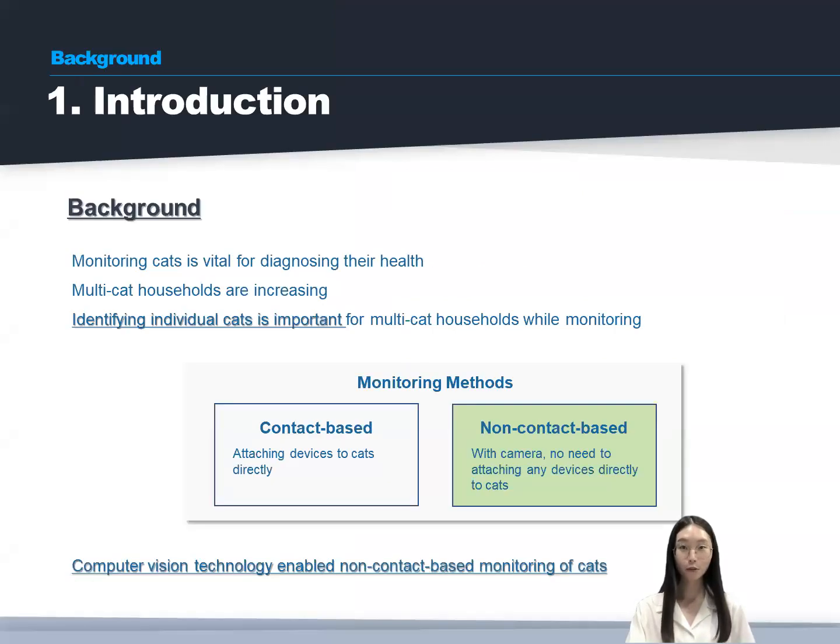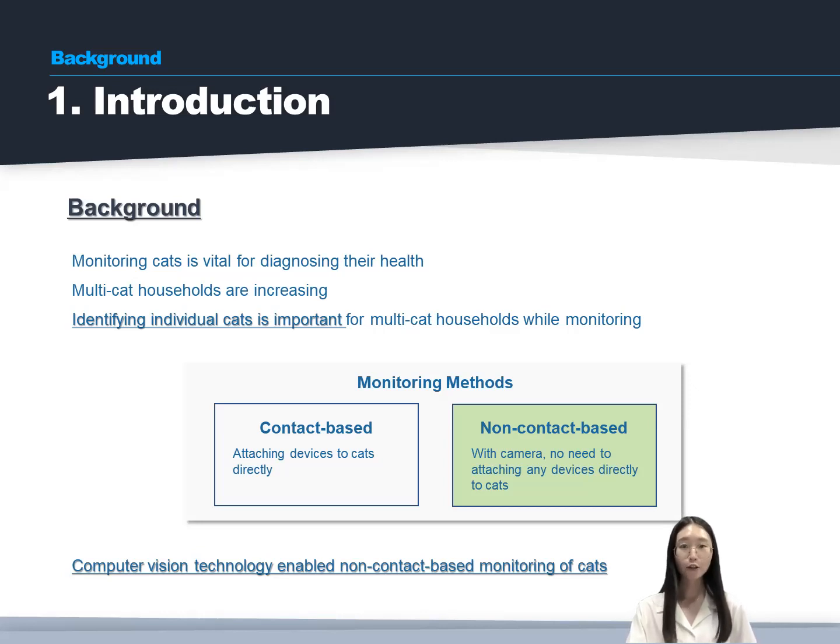As more and more households are keeping pet cats, the number of multi-cat households is increasing. Consequently, to manage the health status of individual pet cats, cat identification research is being conducted to individually monitor the cats. One approach gaining attention is the use of contact-based methods, where devices like beacons are attached to each individual.